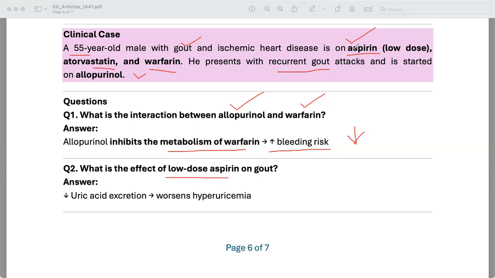But in a patient with increased serum uric acid, low dose aspirin will worsen the hyperuricemia because aspirin decreases uric acid excretion. So that's why the patient experiences recurrent gout attacks with low dose aspirin.